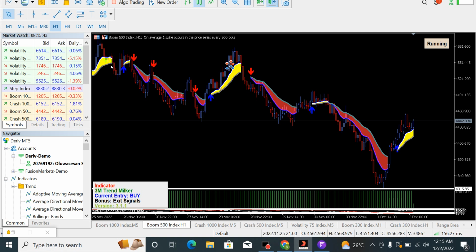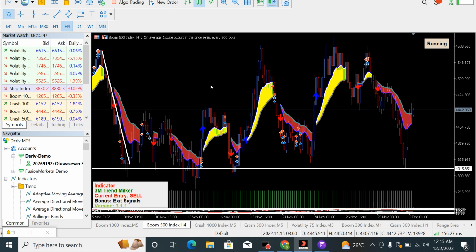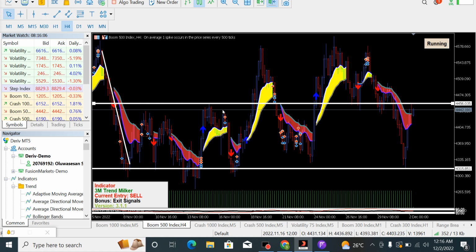For instance, if we go to 4 hour time frame, this is on buy trend at the moment. This particular trade, Boom 500, is on buy trend. But if you check the previous market action, when it got to this region, it started pulling back.